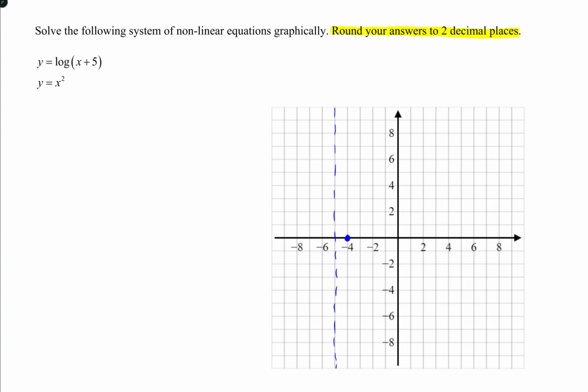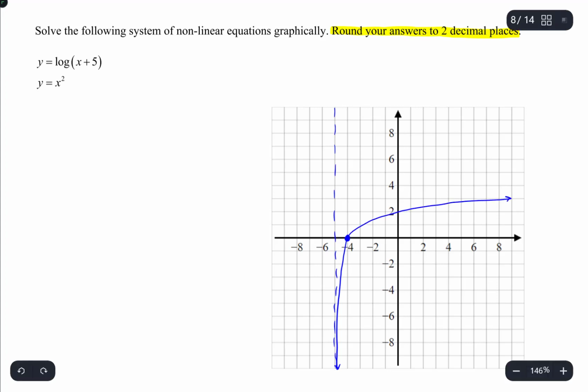Since we don't have any changes up or down, that point's just right on the x-axis. The graph approaches the asymptote in this direction, and then goes out this way, and how far it reaches depends on the base. But I'm not trying to be totally accurate here, just getting a sketch.